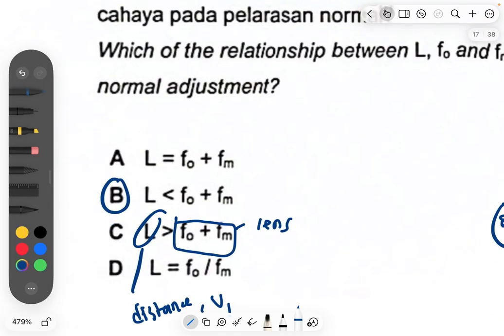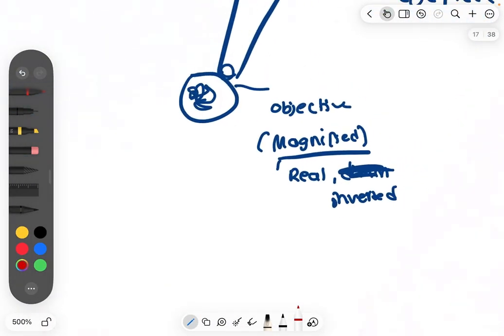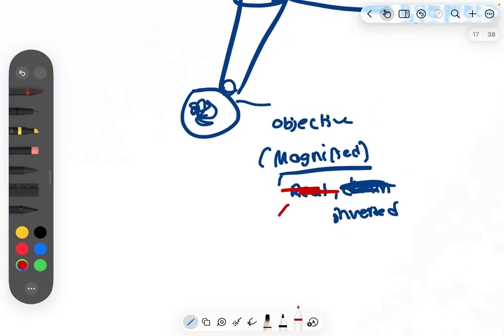It's C. Okay, let's see why. So the final image is virtual, magnified, and inverted. So it's not real, it's virtual, inverted, and magnified.